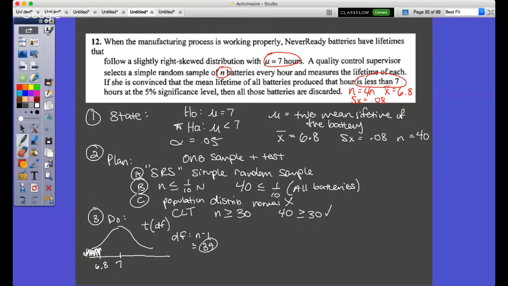Now, in finding this, we know that mu of x-bar is equal to mu, which in this case is always linked to what I say up here, which is 7.